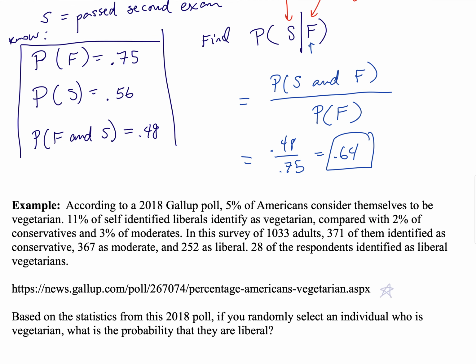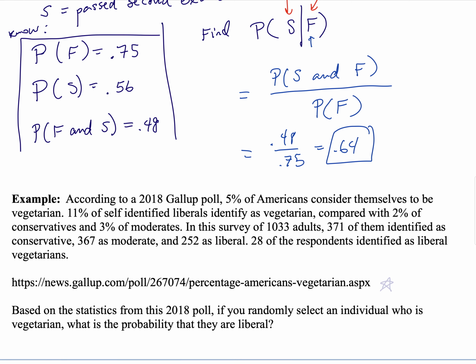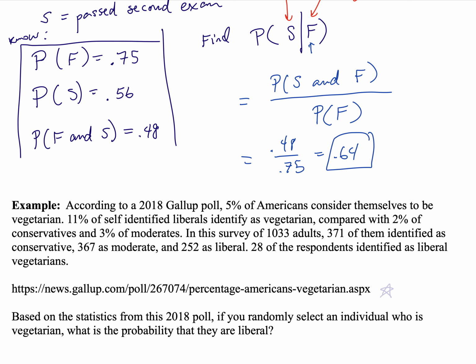So let's look back at that same poll from 2018. And if you want to check it out, I'll link to a website in the Canvas page as well. There are some different demographics broken up in terms of identifying as vegetarian or not. But in this problem, 5% of Americans identify as vegetarians, as we said before, broken down by political group. 11% of self-identified liberals identify as vegetarian, compared with 2% of conservatives and 3% of moderates.